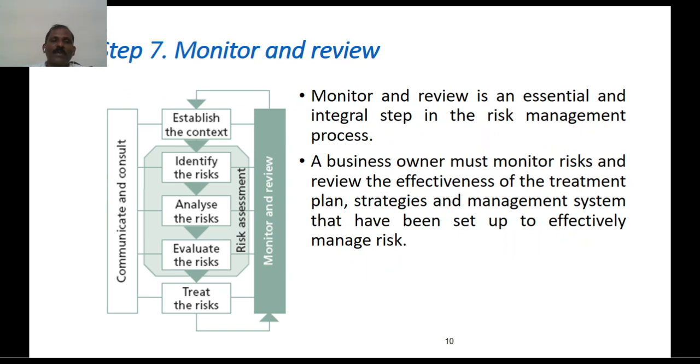Seventh one, monitor and review. It is a feedback system. Monitor and review is an essential and integral step in the risk management process. A business owner must monitor risk and review the effectiveness of the treatment plan made at the previous, sixth stage, and the strategies and management systems that have been set up to effectively manage the risk.